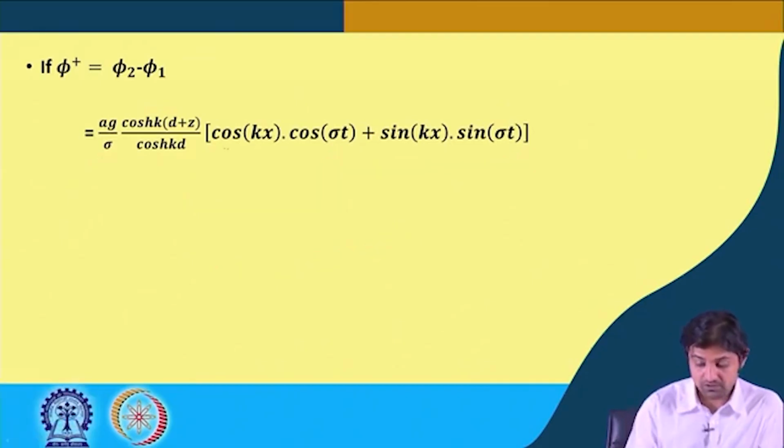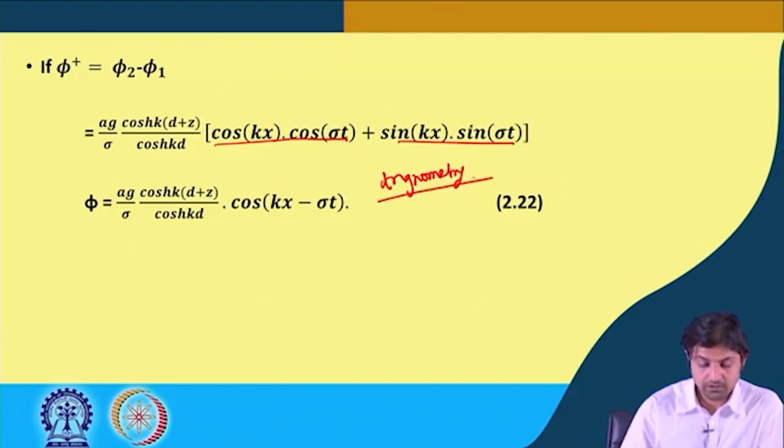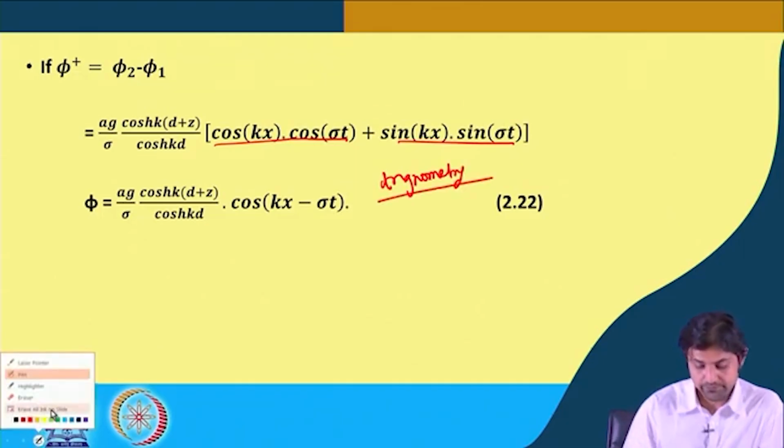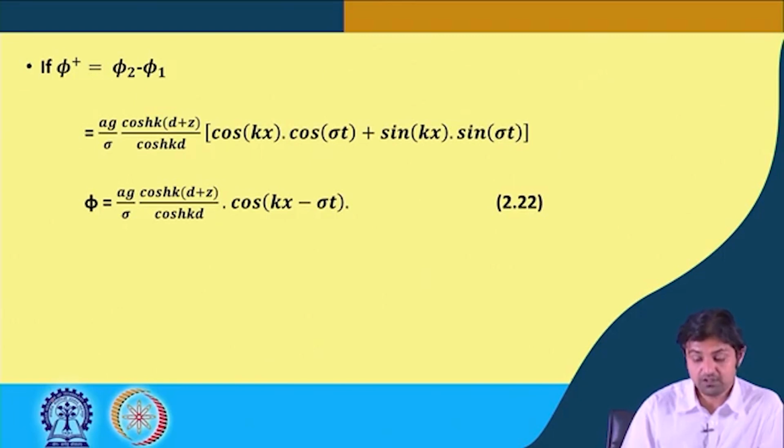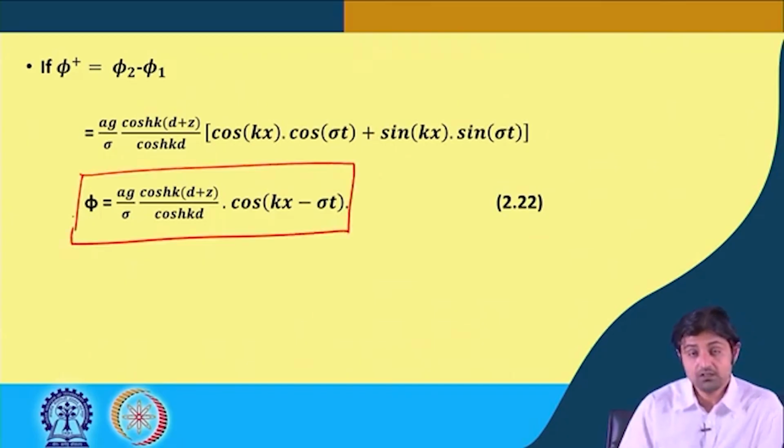So, we get cos k x cos sigma t plus sin k x sin sigma t, which can be written as cos k x minus sigma t using trigonometry. So, the final velocity potential, the formula for which you are supposed to remember, is this one: A g by sigma cos h k into d plus z divided by cos h k d into cos k x minus sigma t.